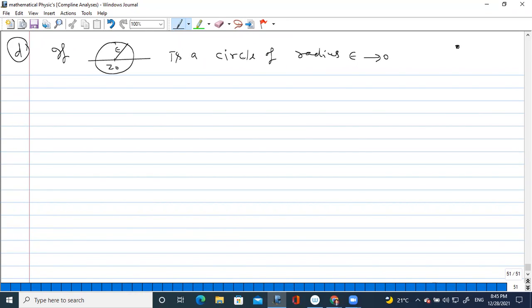So this is a circle of radius epsilon tending to 0, such that no other singularity lies inside this circle.